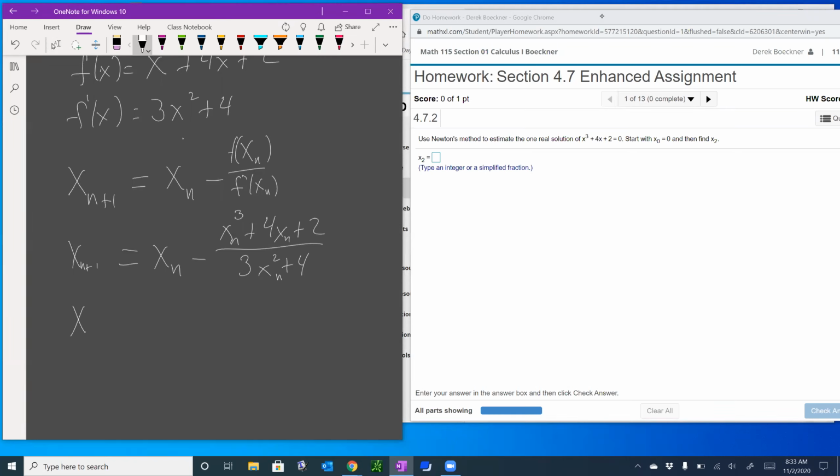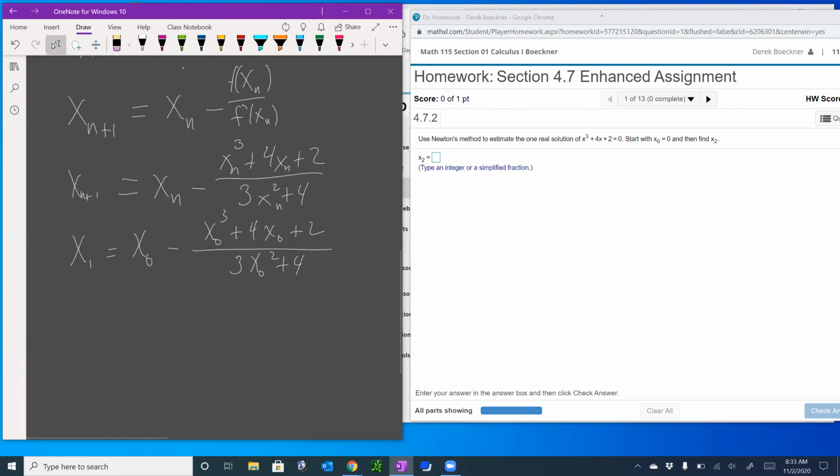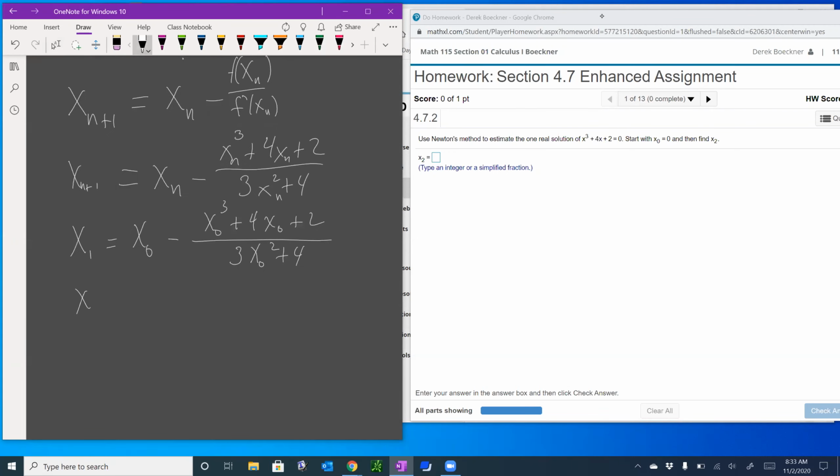So x1 will be x0 minus x0 cubed plus 4 x0 plus 2 divided by 3 x0 squared plus 4. We're told that x0 is 0. So x1 equals 0 minus, well, that's 0, this is 2 over, that's 0, 4. So that's minus 1/2.